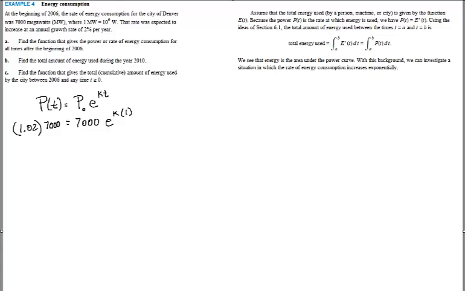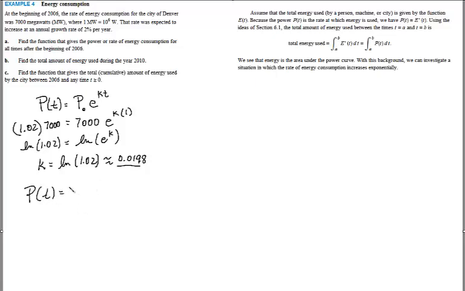I'm going to divide and then take the natural log. Alright, I got that k value to be 0.0198. That would mean my power function, just putting all of that together, is 7,000 e to the 0.0198 t, and that would be the answer to A.